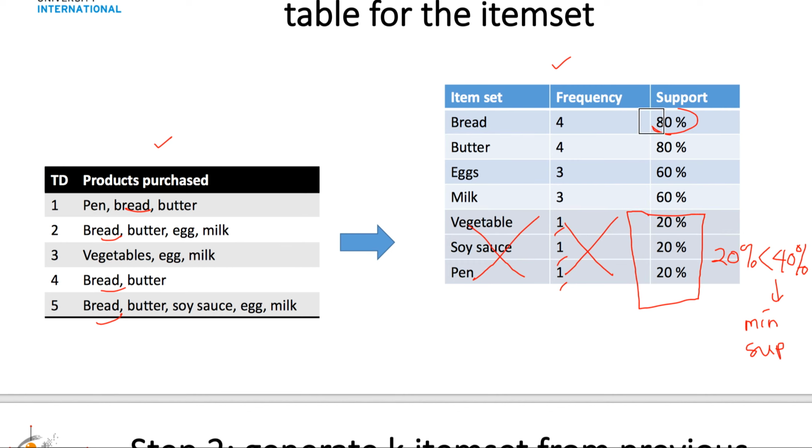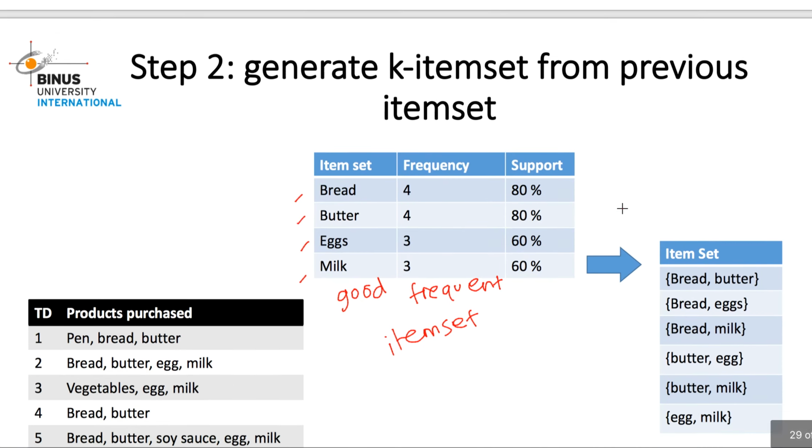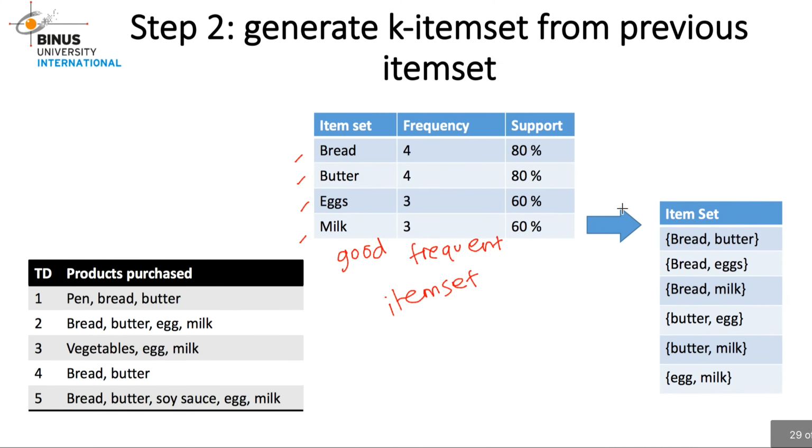So we only have these 4 items to be included in the next step. Here, we have 4 frequent item sets. So I can call this first set L1.